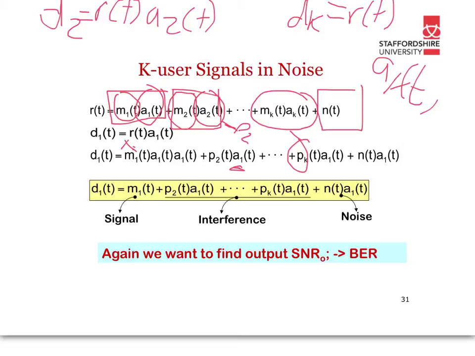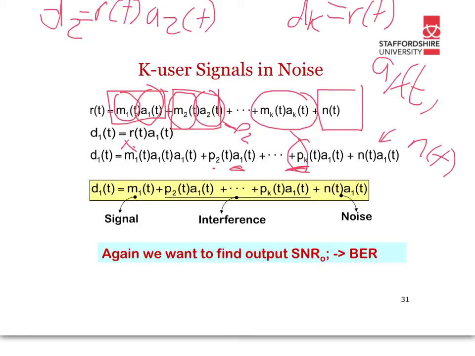So what we receive is P2, the widespread multiple access interference from user 2. Here, PK is the widespread signal from user K. And then also the noise times the spreading code 1, and that is just the same as saying the noise.